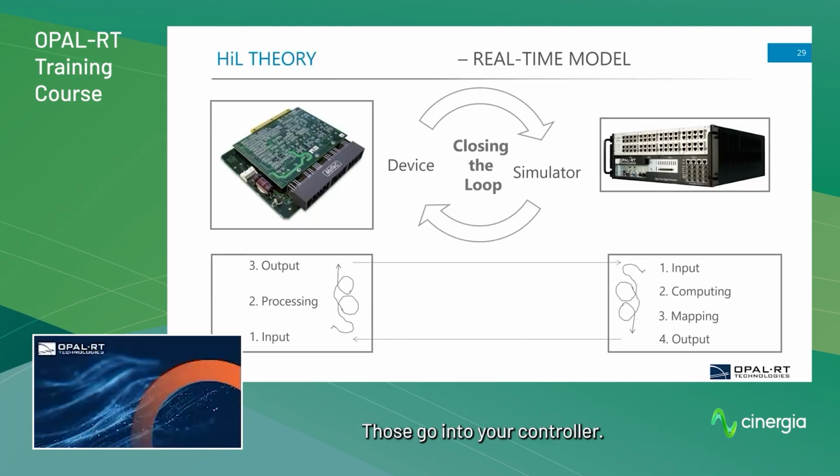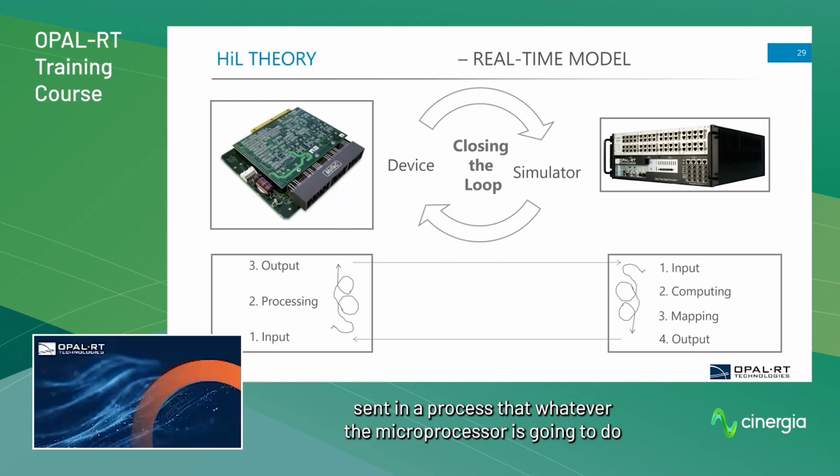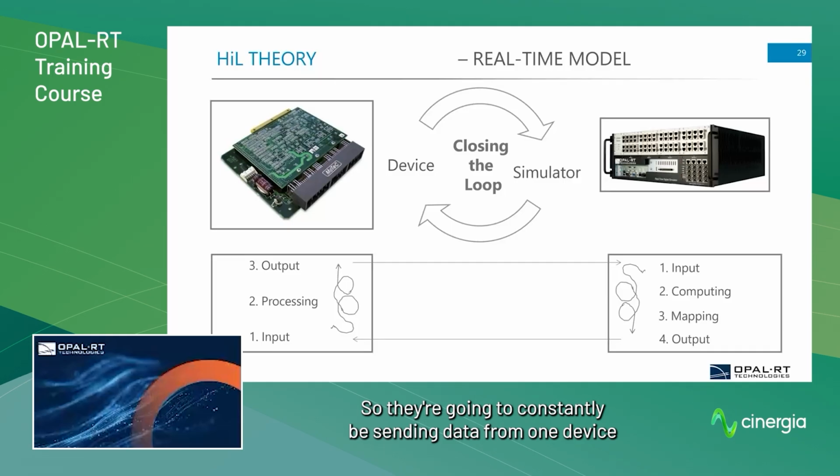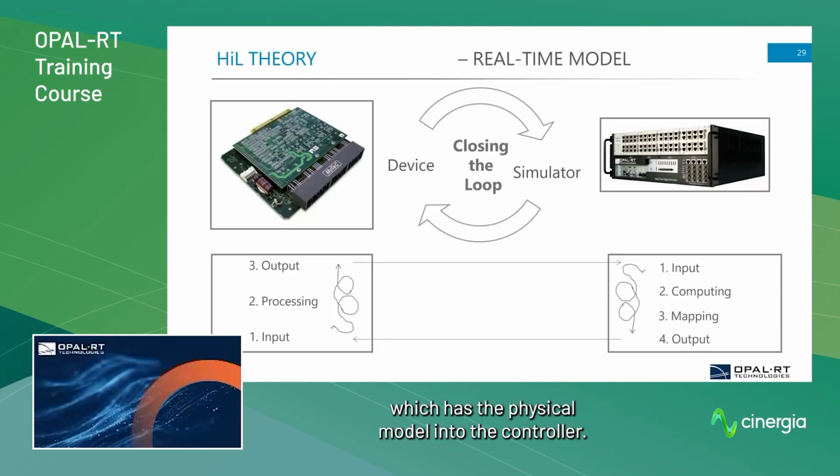Those go into your controller, so it might be a signal, voltage, current readings. Again, these are simulated signals. So it's going to process that, whatever the microprocessor is going to do, and then it will output and send back. And this happens one-to-one. So they're going to constantly be sending data from one device, which has the physical model, into the controller. This is simplified. You can have many controllers, many devices.